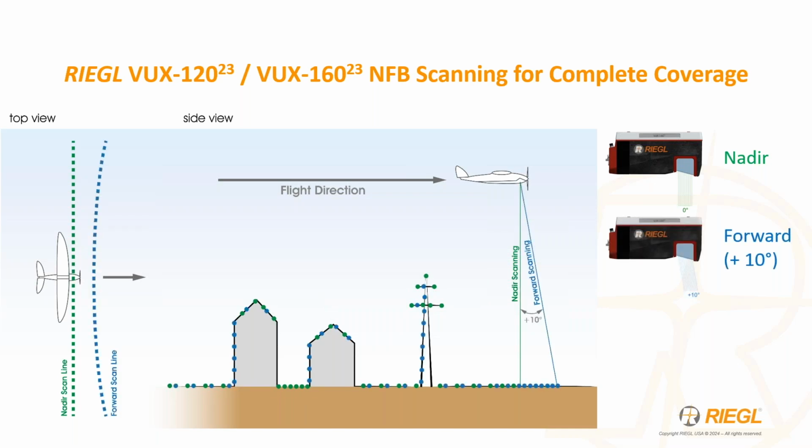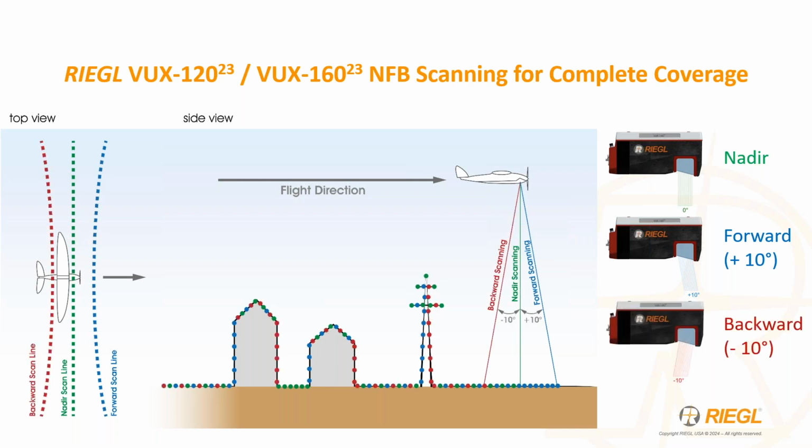But here at forward 10 degrees in the same flight direction, we're also co-capturing points on the ground, the front facade of the building structures, and the front side of the transmission tower, as well as backwards 10 degrees, again, points on the ground, the back side of the building facade, as well as the backside of the transmission tower. And all of this is captured in the same flight path, really providing complete coverage on the ground.